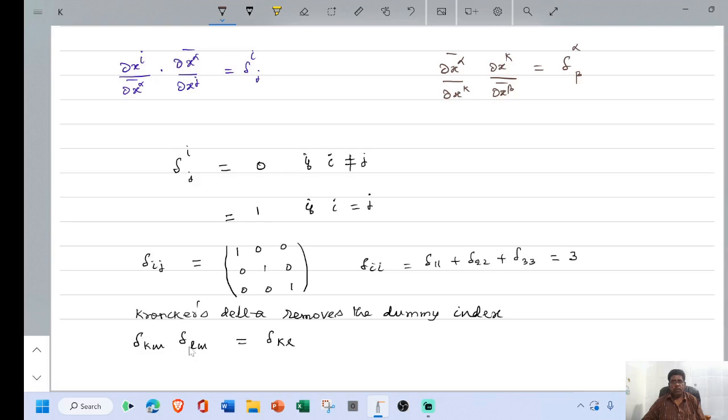Here if l equal to m, then this delta lm is equal to unity. Therefore, by way of replacing this m, we can write delta km into delta lm equal to delta kl. Therefore, we can point out that the Kronecker delta removes the dummy index.